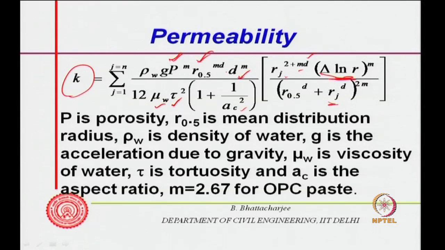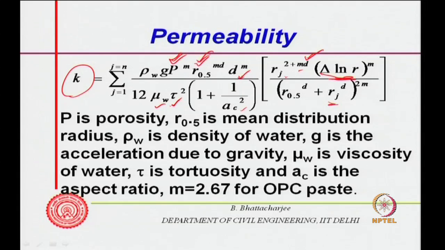So, in a nutshell what we see? We see that K depends upon pore size distribution. As many number of sizes you have, K will vary according to that. It also depends upon dispersion of these pores and mean radius. Now, all this and P itself depends on water cement ratio, average particle size of cement or particle size distribution of the cement even maybe, and age.